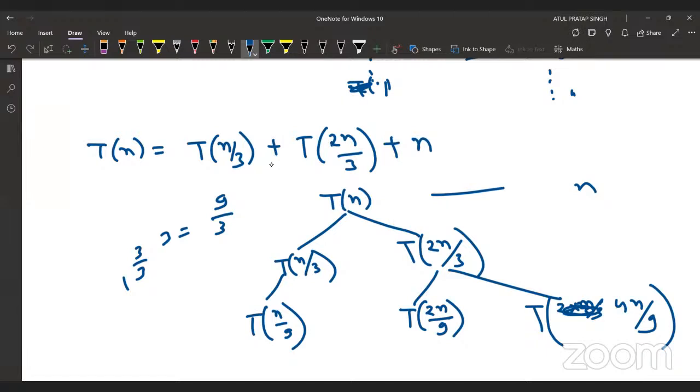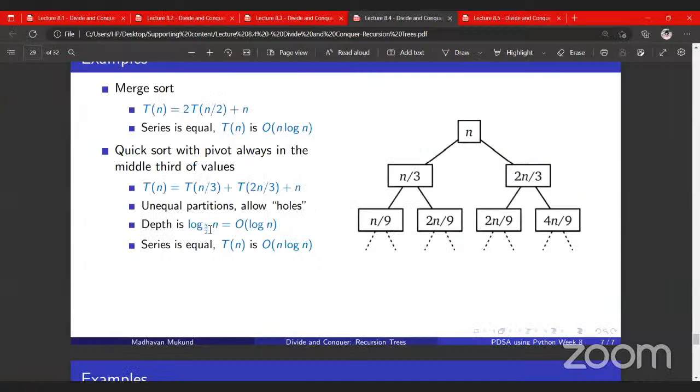If we put this value below, we can write it as n by (3/2)^k, so this becomes r, and c is 3 by 2. With unequal partitions, as in quick sort with a pivot in the middle element, the depth is log n to the base 3/2 and the total is n log n.